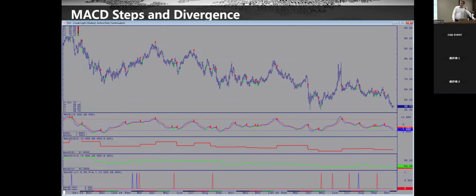So what we see here is, again, we're looking at the same thing, an indicator on crude, on NYMEX crude daily chart.